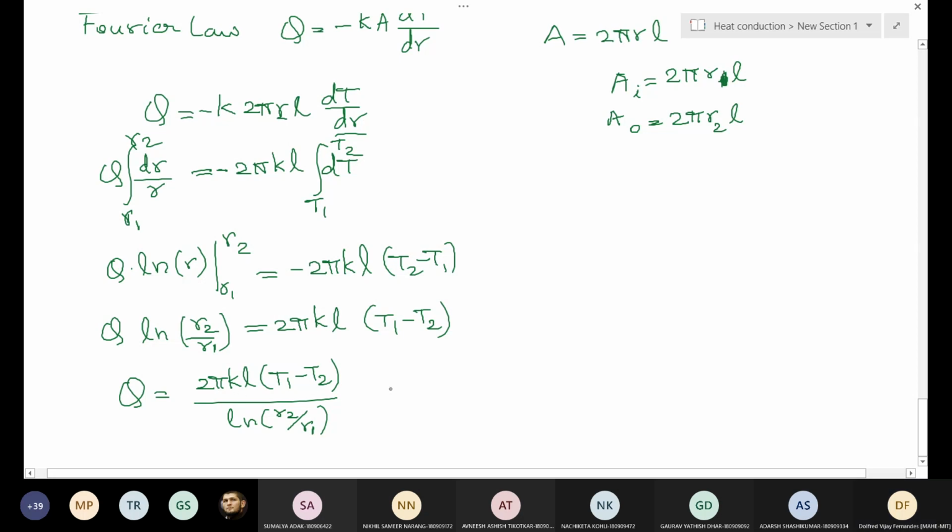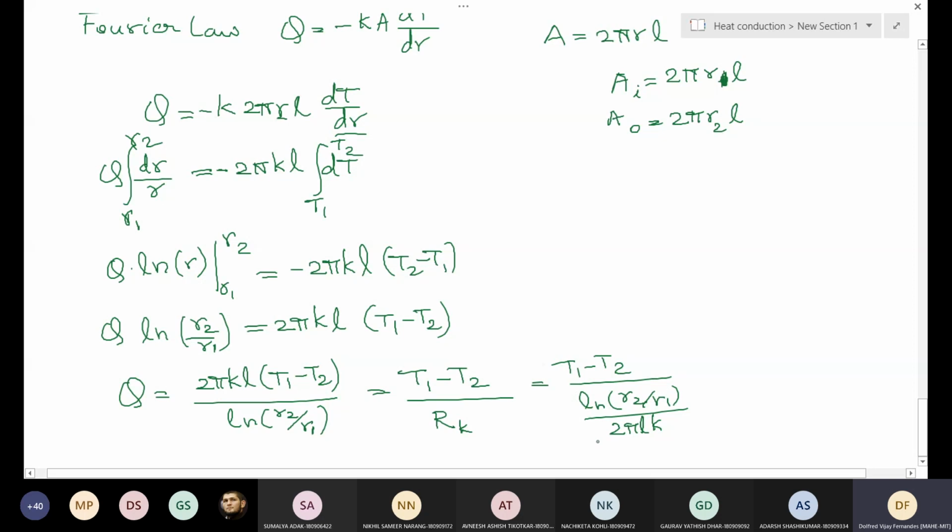Now you can write the resistance of heat conduction in the cylindrical wall as T1 minus T2 divided by RK, and RK is nothing but ln (R2 over R1) divided by 2 pi LK.